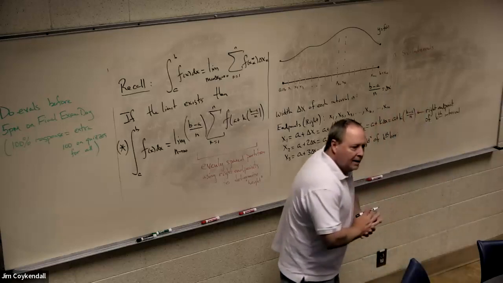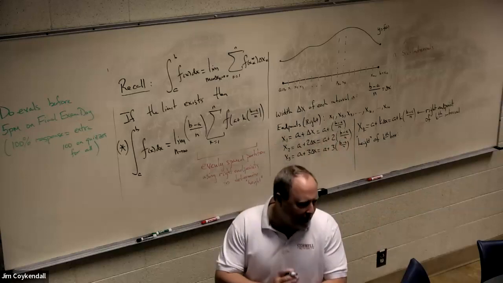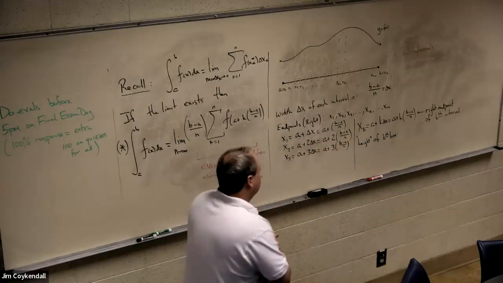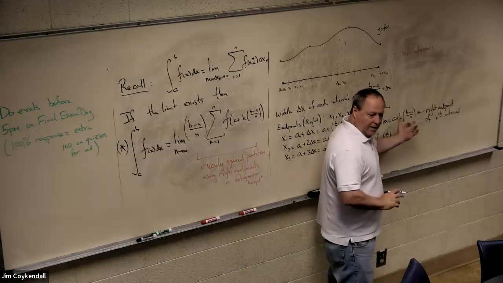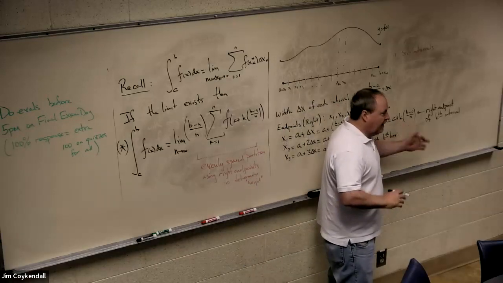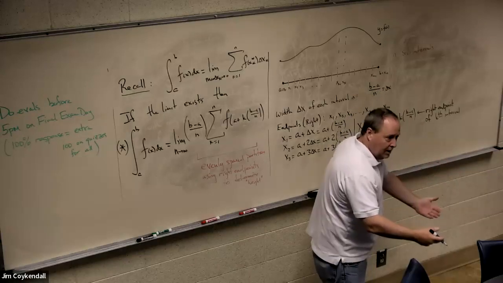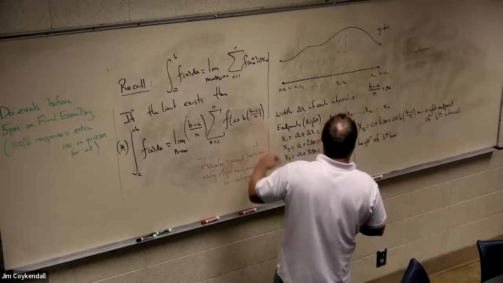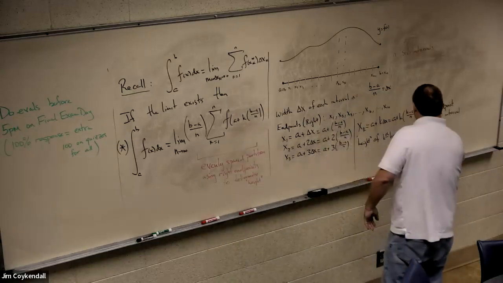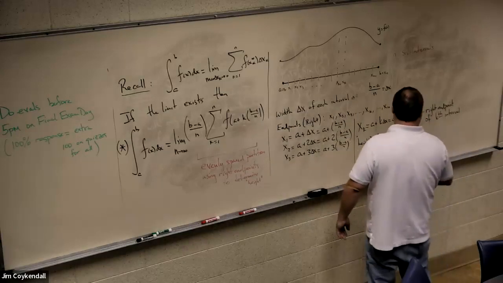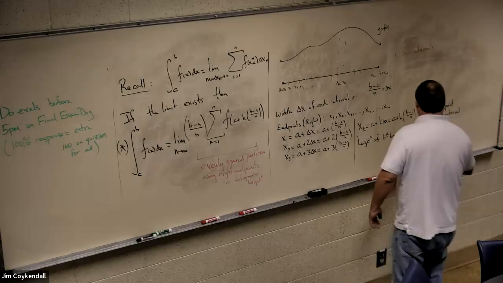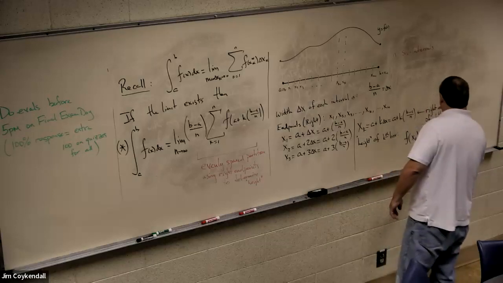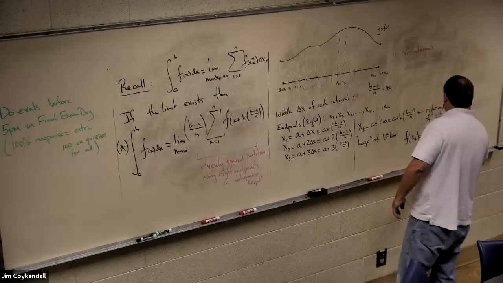How do I determine the height of the kth box? Well, I take my test point, which is the right endpoint, because that's what I've chosen here, and I shove it into the function. So that should be f of xk, which is f of a plus k times (b minus a) over n.